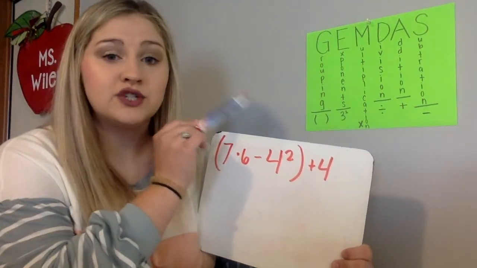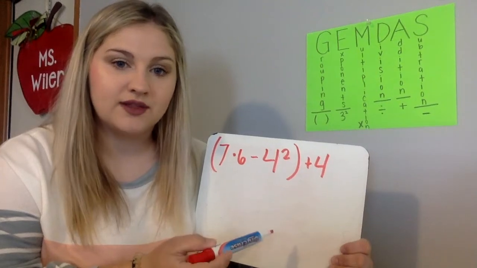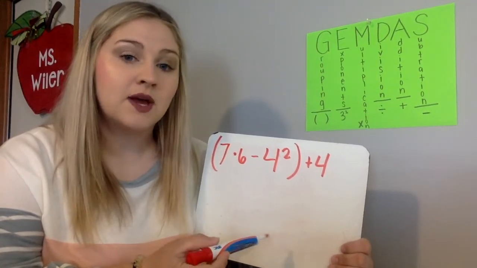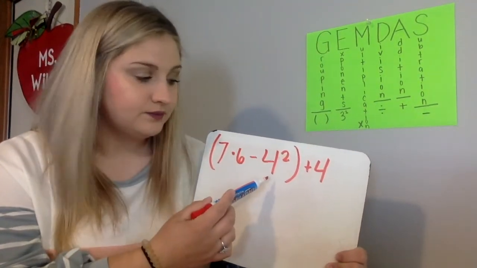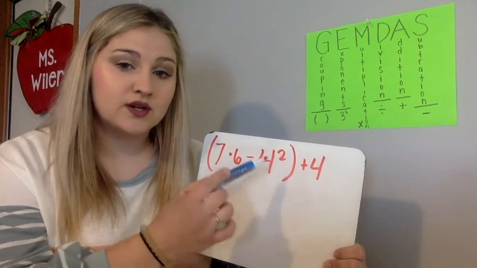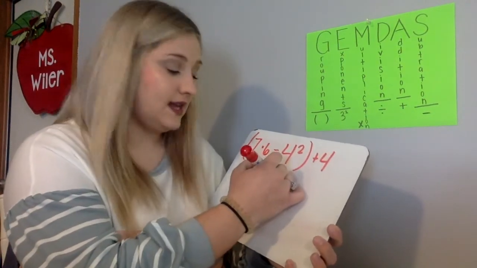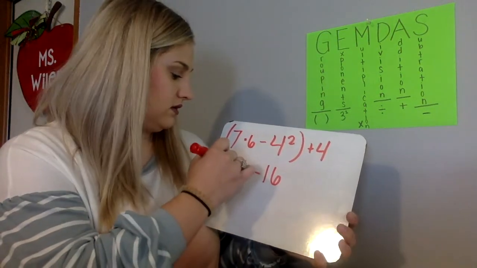Refer to GEMDAS. Exponents, because exponents come next. So 4 times 4, because we're doing 4 to the second power, 4 times 4 would be 16. And we need to bring the rest of this down.